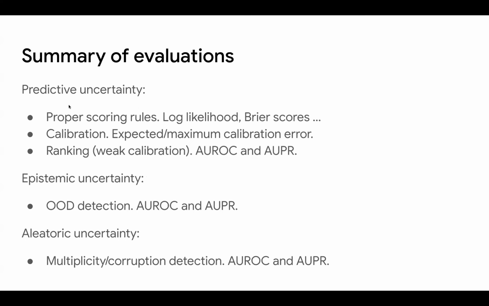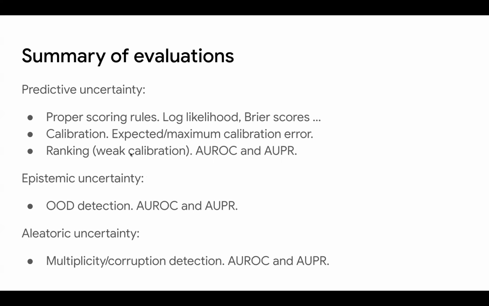We looked at predictive uncertainty, whether you're going to get the prediction right. We talked about proper scoring rules like log likelihood and Brier scores, and more intuitive metrics like calibration, for example expected calibration error.